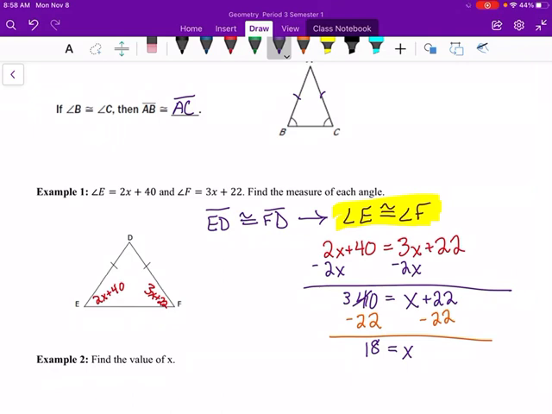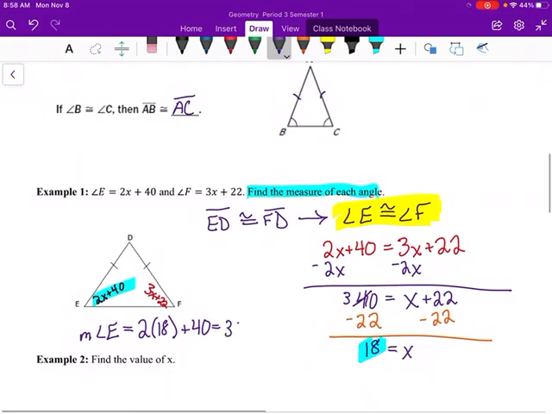Then we need to go back and read the question. This one they wanted us to find the measure of each angle. So there are three angles here that we need to find the measure of. We can use this 18 to find the measure of angle E. So we know angle E is equal to 2 times 18 plus 40. 2 times 18 is 36 plus 40, which is going to equal 76.